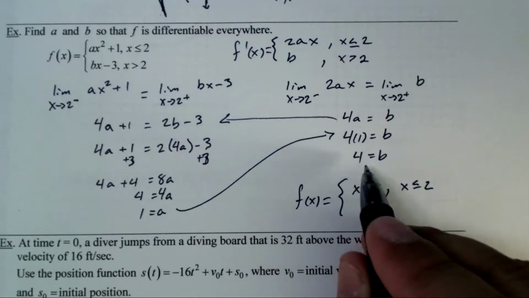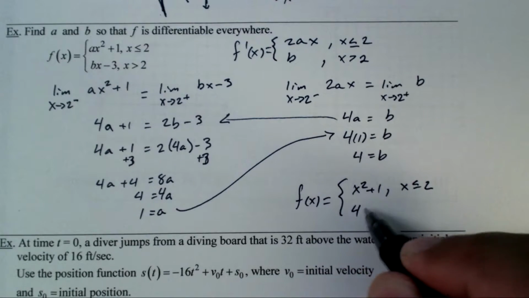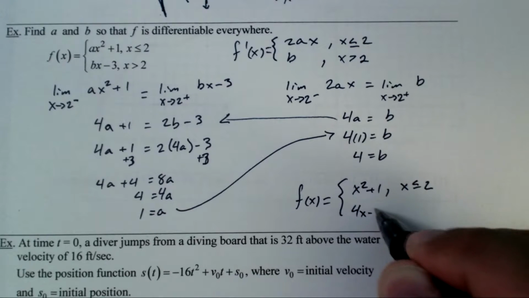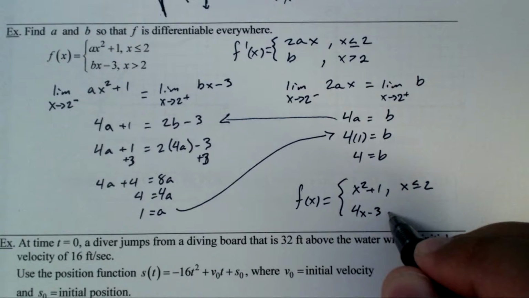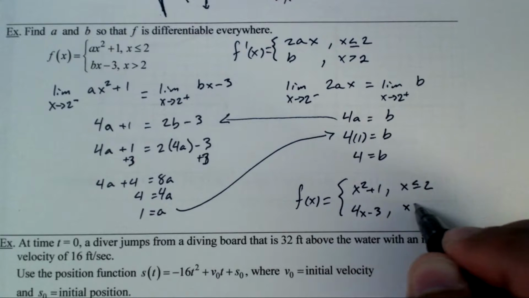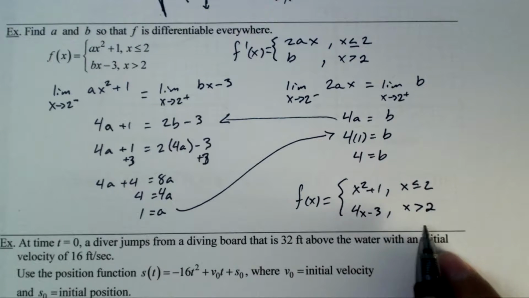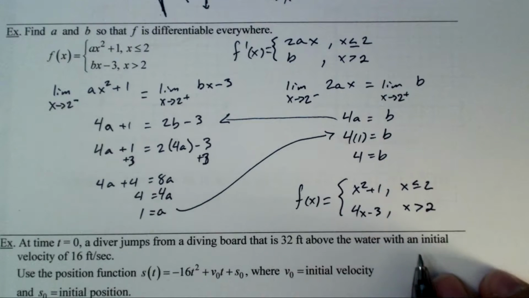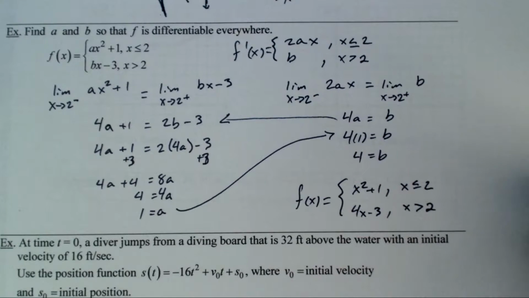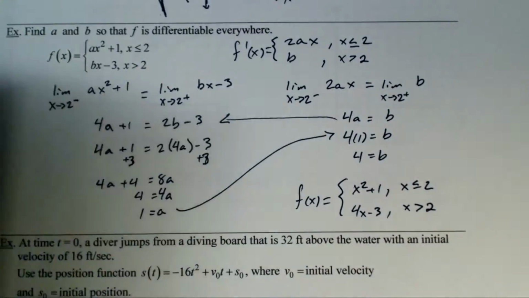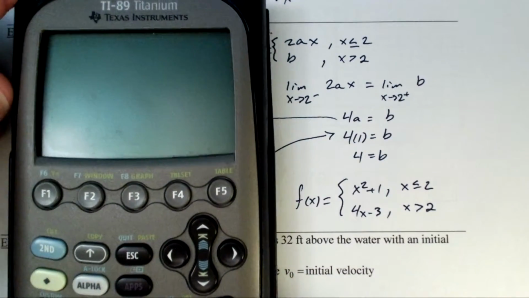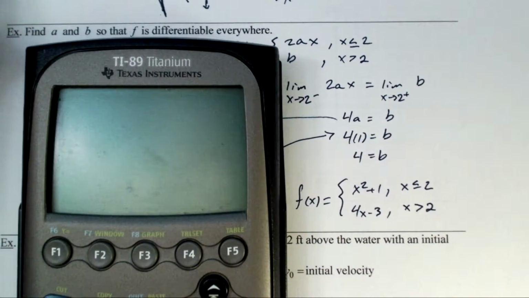And then we have a b value of 4, so that means it'll be equal to 4x minus 3 for every x value not greater than or equal to, but just greater than 2. Okay, so I'm going to take a second and plug this into the calculator just so that we can see that this does in fact match up nicely.